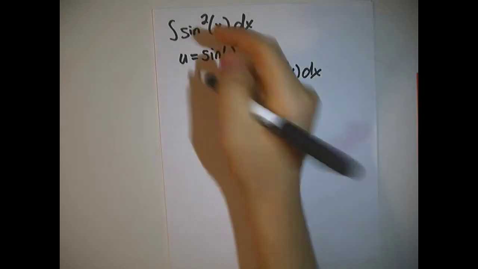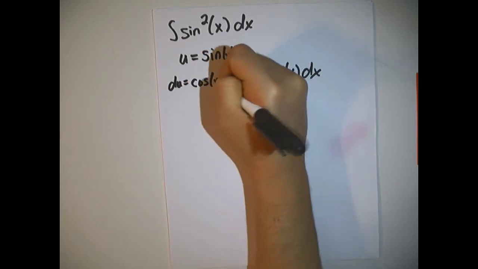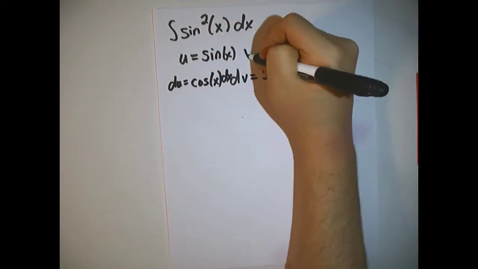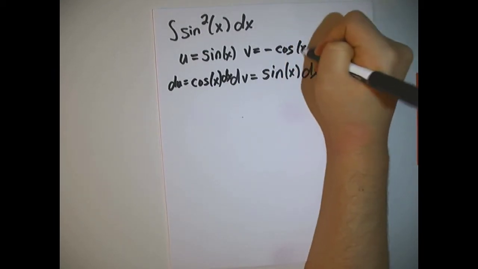When I do that, then du is going to be cosine of x dx, and v is going to be minus the cosine of x.